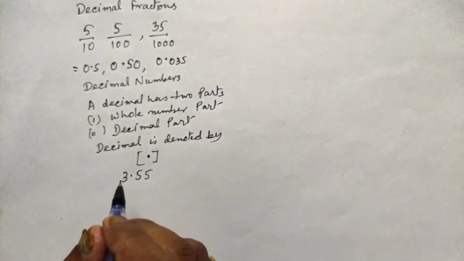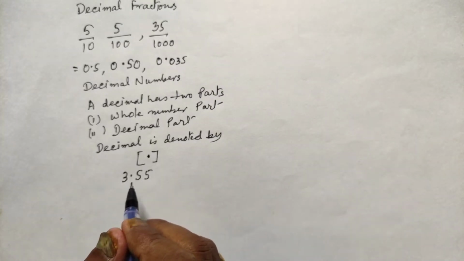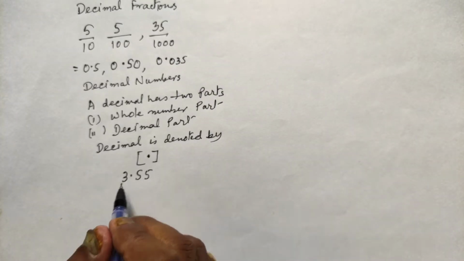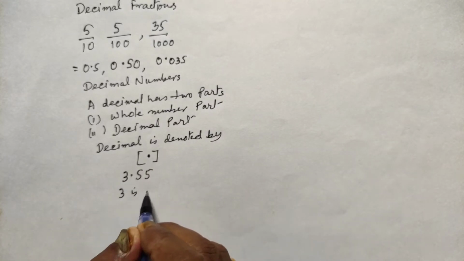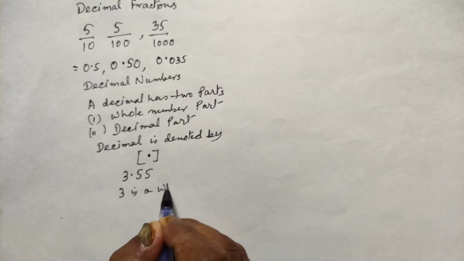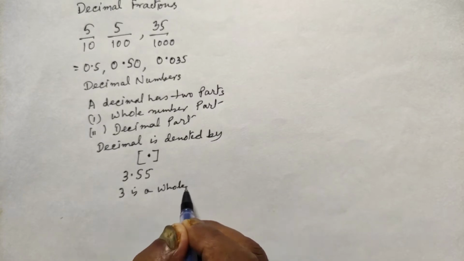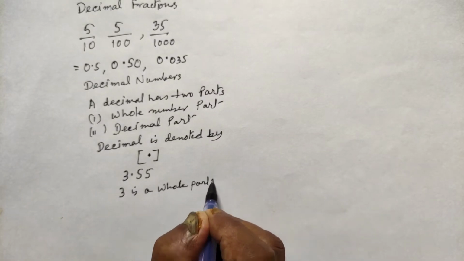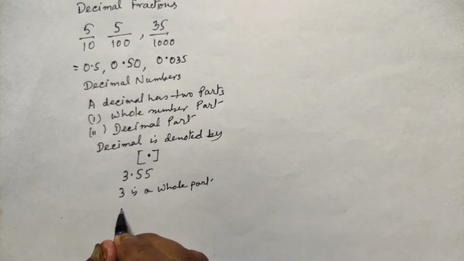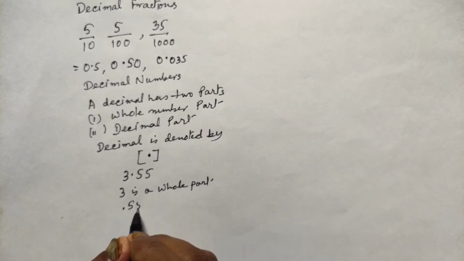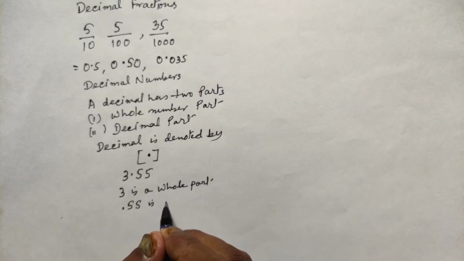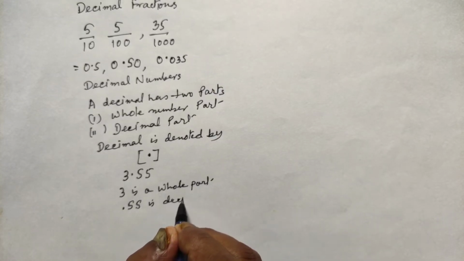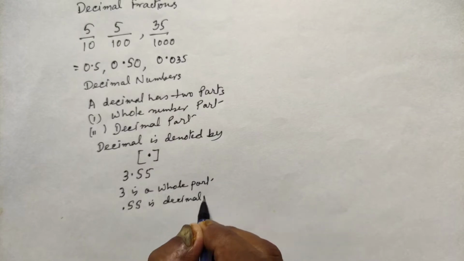Like 3.55. Here in this particular decimal, this 3 is a whole number, the whole part, and 0.55 is the decimal part.